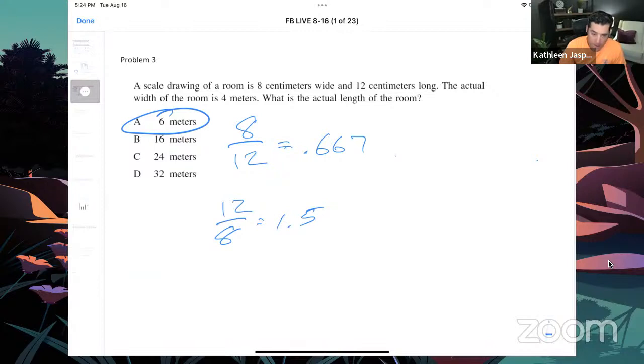It's that many times smaller. 12 is 1.5 times bigger than 8. So the length is 1.5 times the width. Okay, because it's greater than 1. If it's less than 1, 8 is 0.667 times smaller than, or the amount of 12. I don't like this. That's correct, but I don't like it.